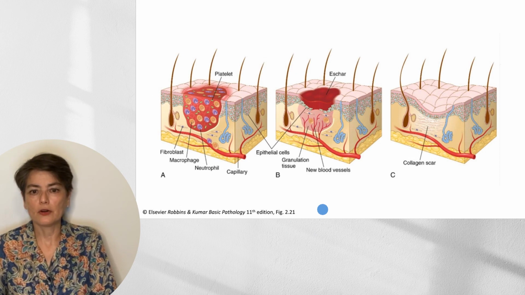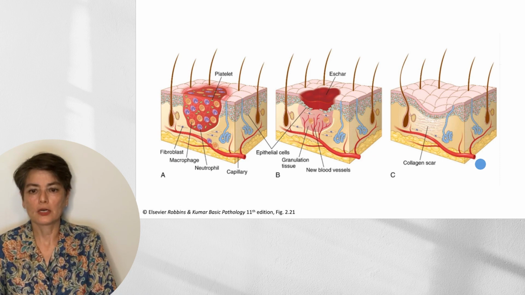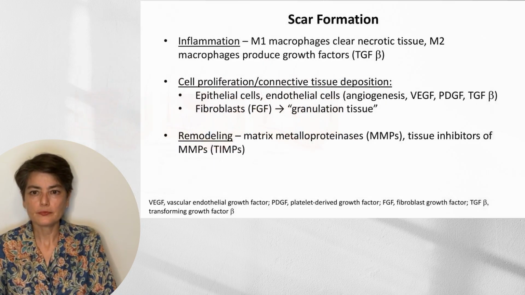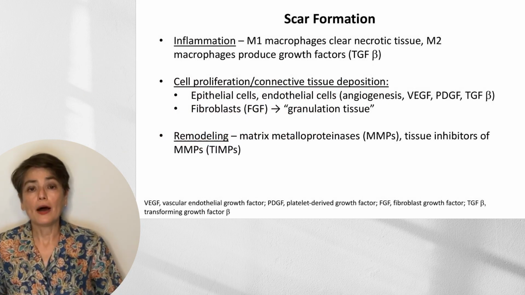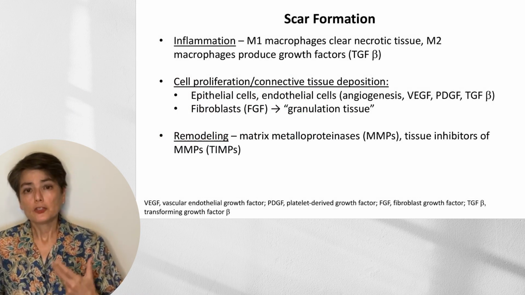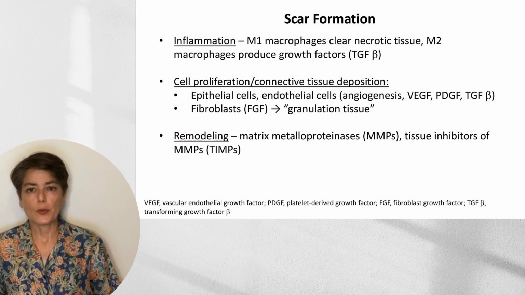This is a figure from Robbins Kumar Basic Pathology 11th edition, showing inflammation, proliferation, and extracellular matrix deposition, and then the final collagen scar. So let's talk now about those phases in a little bit more detail. So in the inflammatory phase, we have both M1 and M2 macrophages.